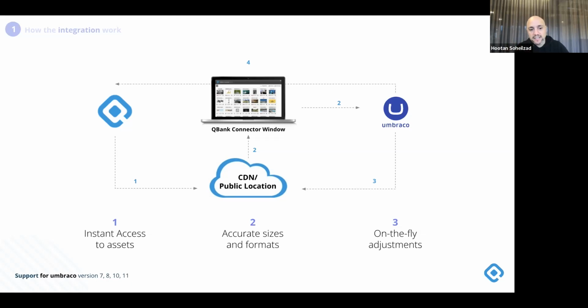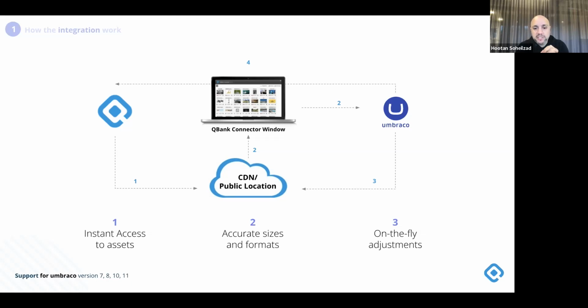And by assets, again, I mean it can be videos, documents, photos, illustrations, whatever you have uploaded to your QBank and approved for your Umbraco channel would pop up inside of Umbraco. You can open those assets up, crop them, change the formats of them directly, and then add them to your Umbraco page.